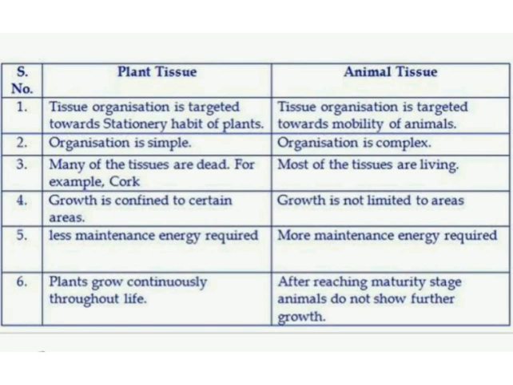Dead cells give more mechanical strength and need less maintenance as they need less food and energy. Growth in plants is limited to certain regions like the tip or apex and growth in width. In plants, these tissues divide and grow throughout their life.